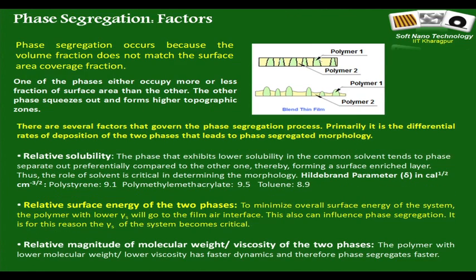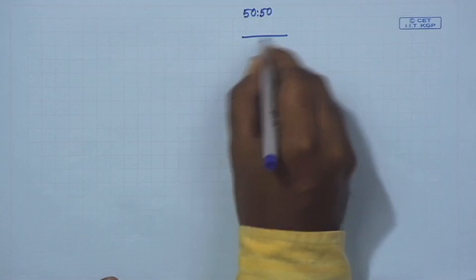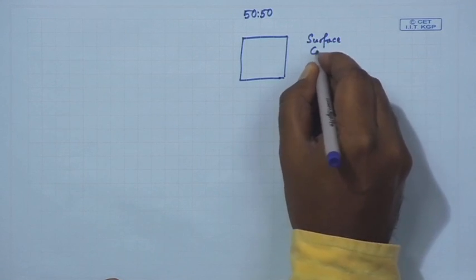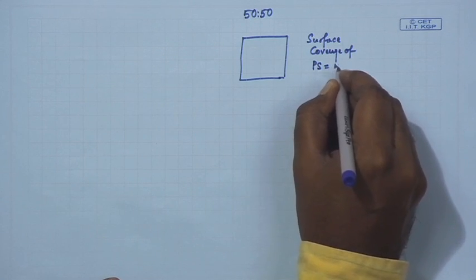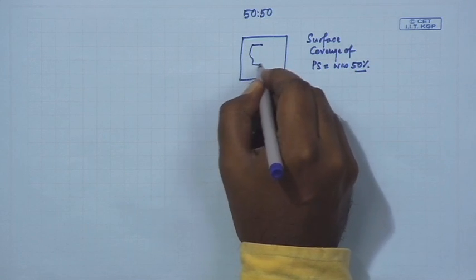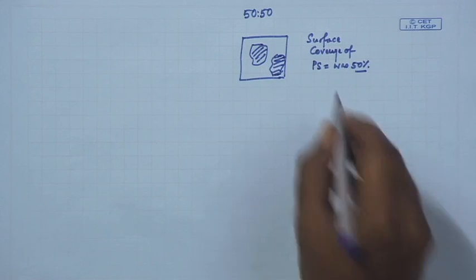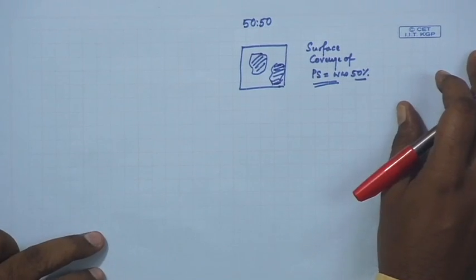Now, had the surface coverage of, let us say, phase 1 been 50%, polystyrene would have covered 50% of the surface, then the remaining 50% of the surface would have been conveniently covered by the other phase, and you would have still seen a flat surface.